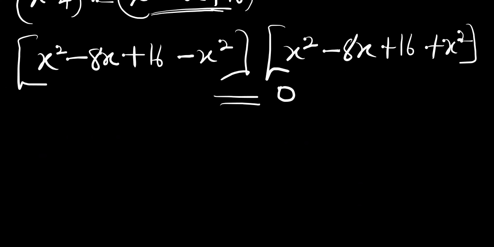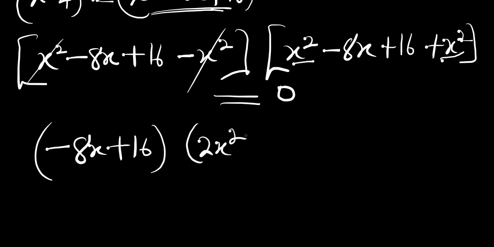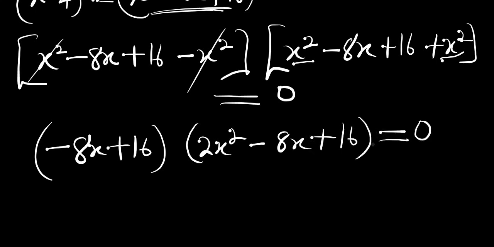So we go further. What next? x^2 here will cancel negative x^2 here, so we have negative 8x + 16. Then what happens here? We have x^2 here and we have plus x^2 here. We are going to have 2x^2 - 8x + 16, and this is equal to 0.